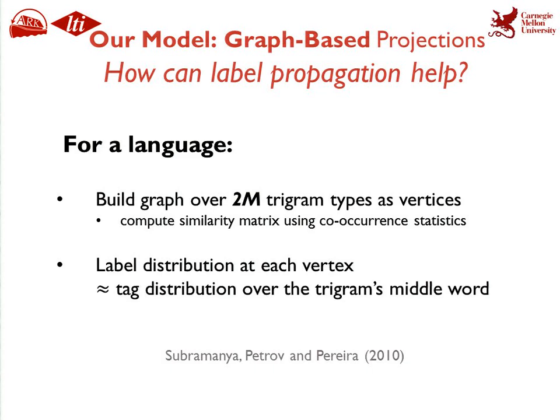Again, we are interested in the tag distribution over the trigram's middle word, and that is the label distribution at each vertex for graph-based semi-supervised learning. This representation was actually chosen by Subramanya, Petrov, and Pereira, who worked on POS domain adaptation for adapting a Wall Street Journal tagger to, say, the bio domain.